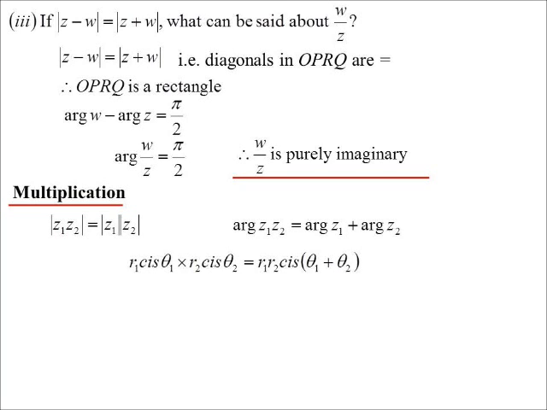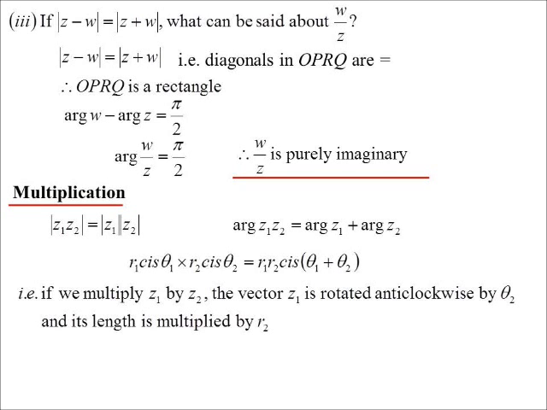We're adding on the argument of what we're multiplying by. So if you multiply Z1 by Z2, Z1 will be rotated by the argument of Z2, so θ2, and the length will be stretched by a factor of the modulus R2.